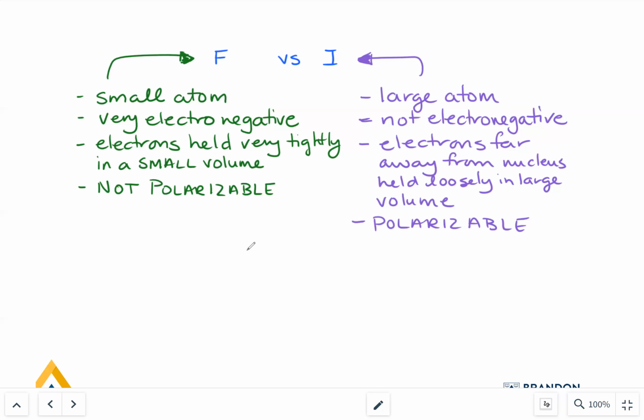Okay, so fluorine, chlorine, bromine, iodine, that's better. Okay, what is right beside fluorine here?